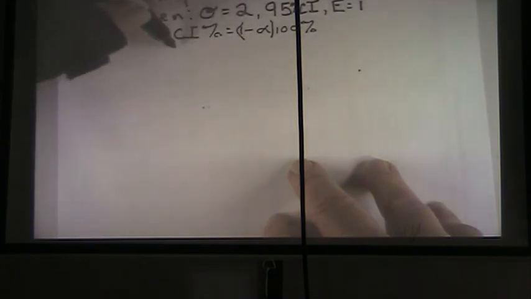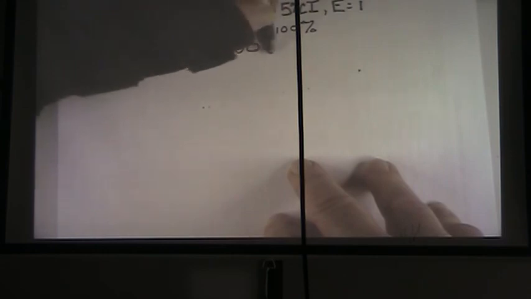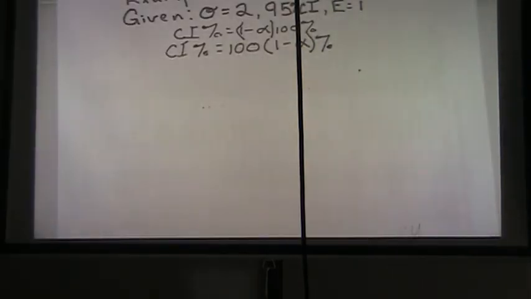Or, as they put it in the book, confidence interval percentage equals 100 times 1 minus alpha percent. All right, if you're going to be really super picky.